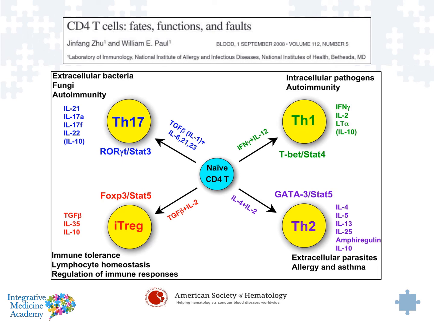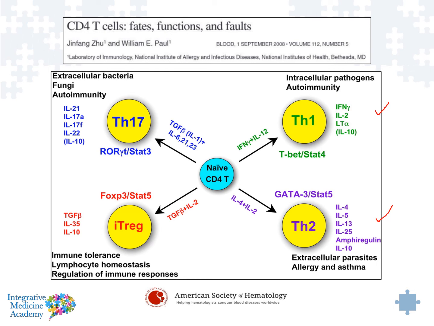The system is complex, but if you just get a general overview, here we have a naive CD4 cell. Depending on the antigen that's been presented to it from an antigen presenting cell, it can drive things off either into Th2 or Th1. As I mentioned, Th2 is very much involved in dealing with extracellular pathogens, allergy, asthma.